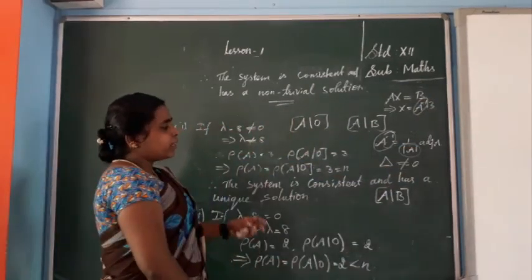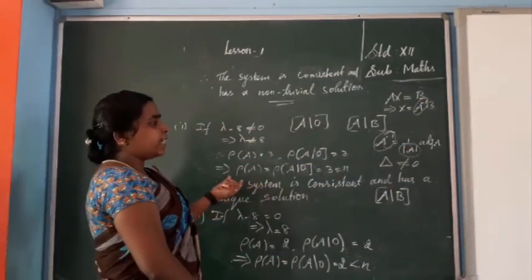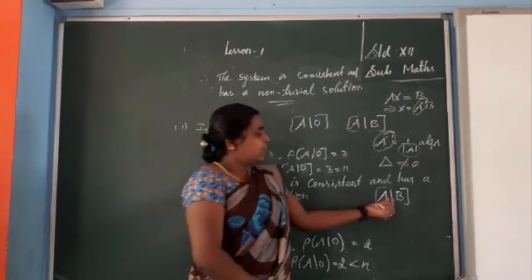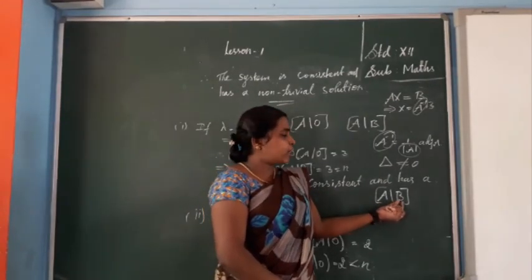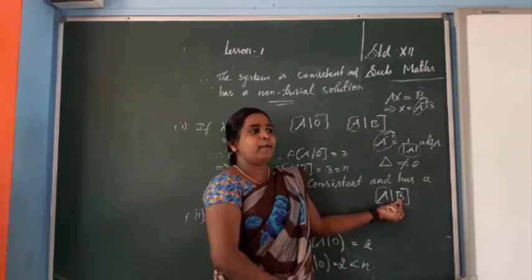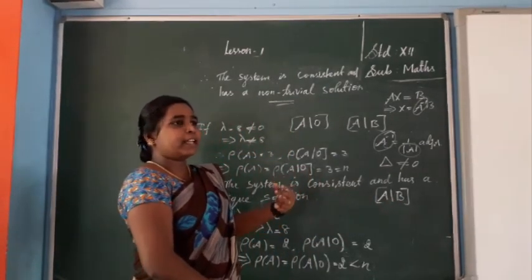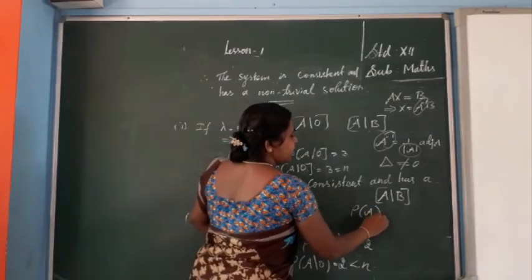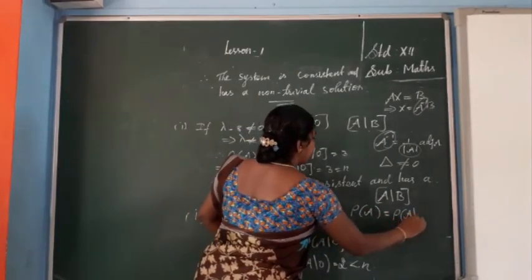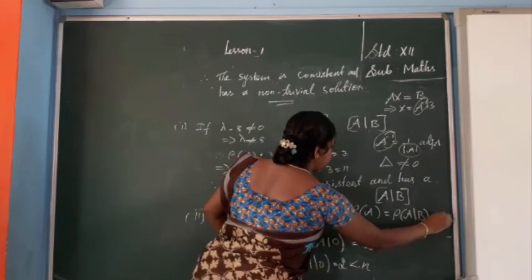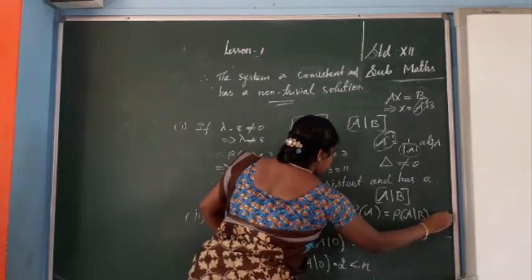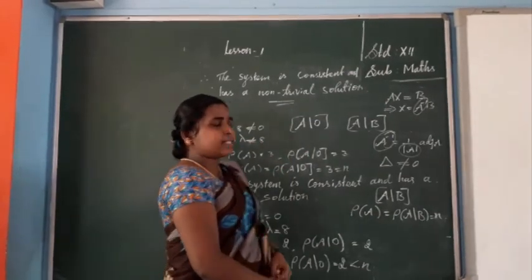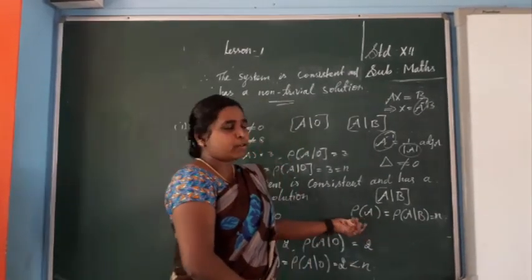Then the rank method, consistency. I already told how to use the rank method. There also you first write the augmented matrix, then convert it into row Echelon form. Next you check the rank. If rank of A equals rank of [A|B] equals 3, the number of unknowns, then the system is consistent and has a unique solution.